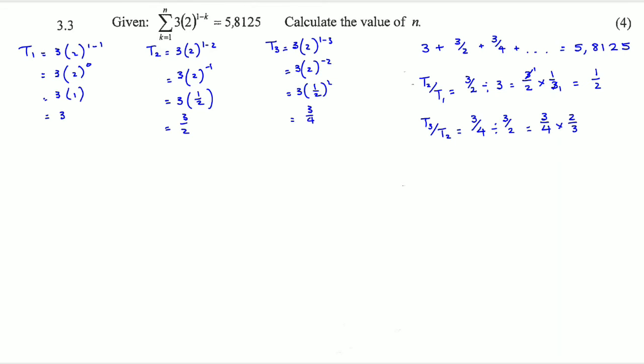We invert and multiply, the 3's cancel, 2 goes into 2 once and into 4 twice, and that gives us a half. So term 2 divided by term 1 equals term 3 divided by term 2, and we have a constant ratio of a half. So r is equal to a half.